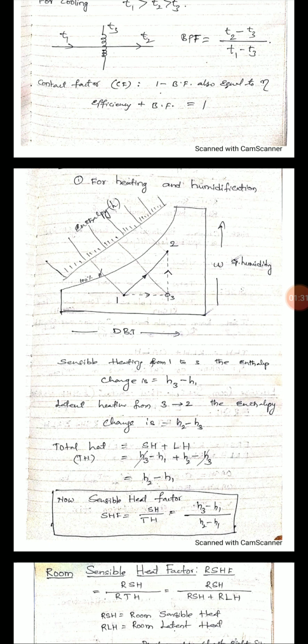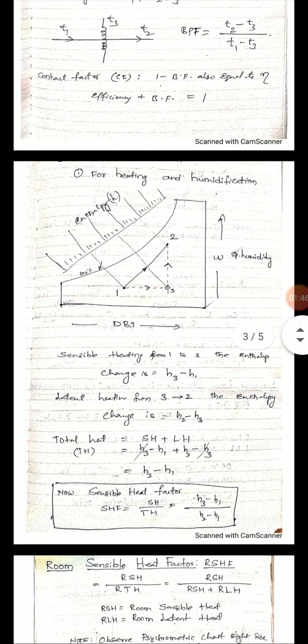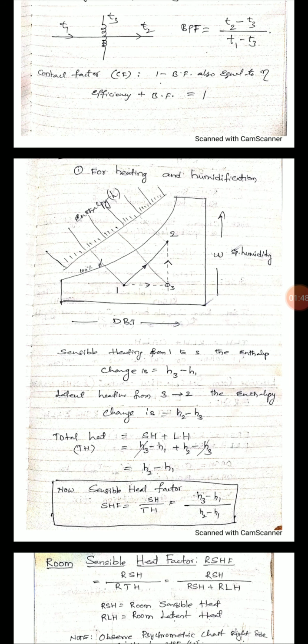On the chart, the y-axis is specific humidity and the x-axis is dry bulb temperature, which increases towards the right. The heating and humidification process is 1 to 2. The curve 1 to 2 is heating and humidification.